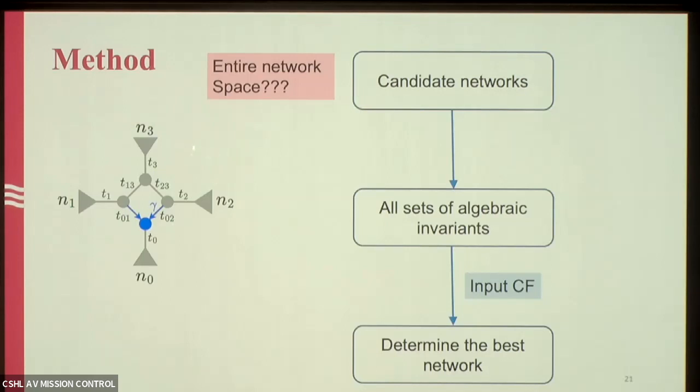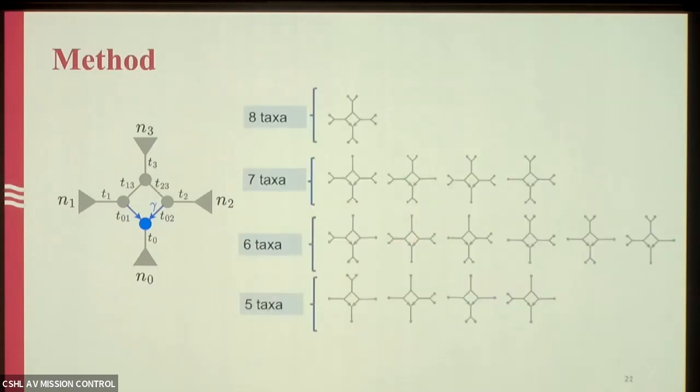That means for the 4-node hybridization cycle, we only need 2 taxa in each clade to define all the concordance factor polynomials. So for the candidate networks, we can restrict our search from the entire network space to only networks with 5 to 8 taxa. Here is the list of all the candidate networks.